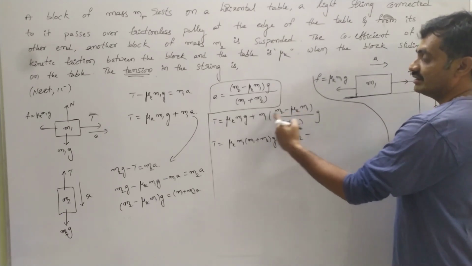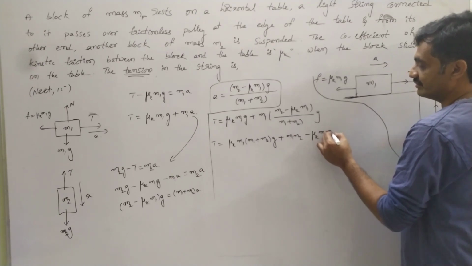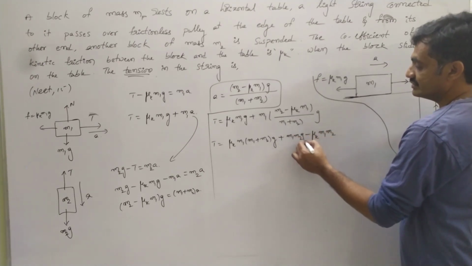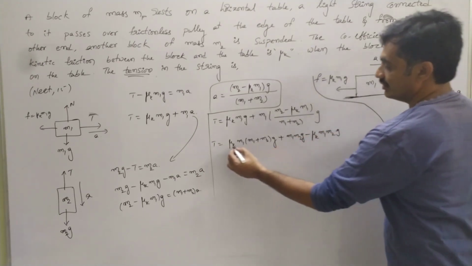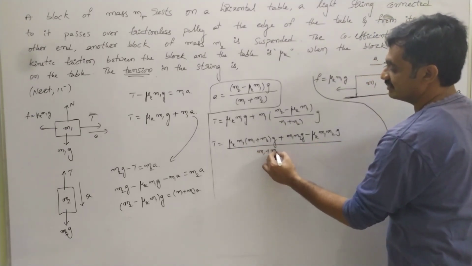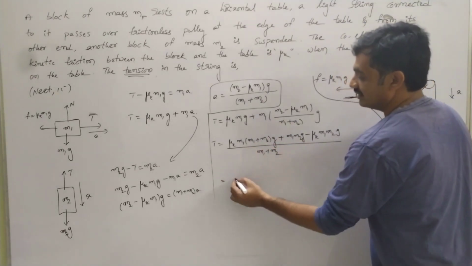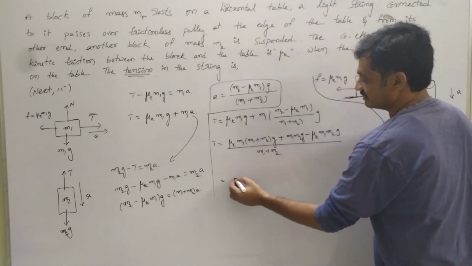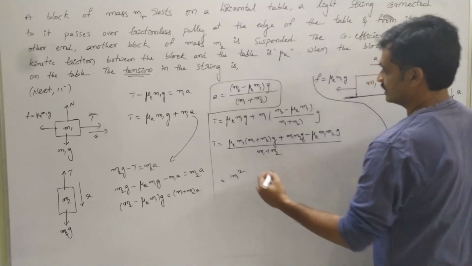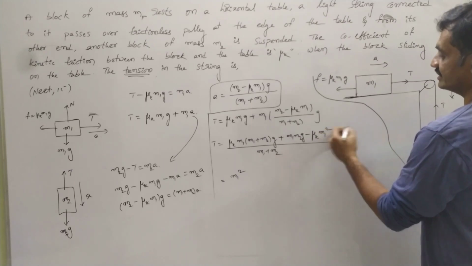minus mu_k m1 into m2 into g, whole by (m1 plus m2). So let's split this. Then we have m1 into m1, which is m1 square.